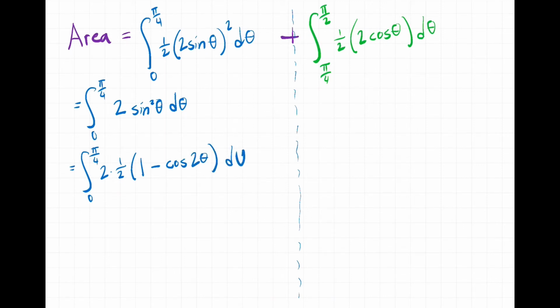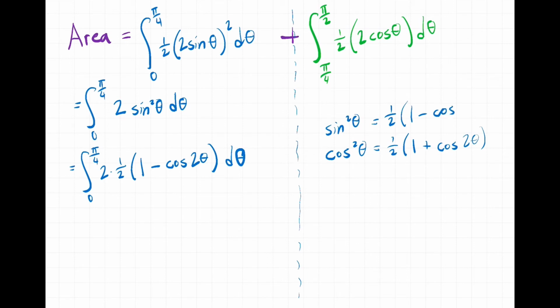times d theta. Now, of course, if we had cosine squared theta instead, that's equal to 1/2 of 1 plus cosine of 2 theta. And we know that sine squared theta is equal to 1/2 of 1 minus cosine of 2 theta.